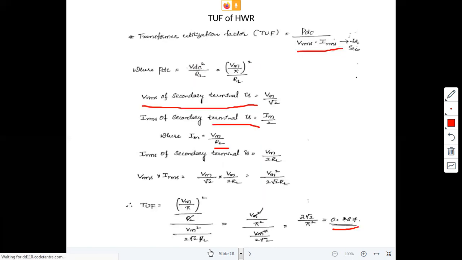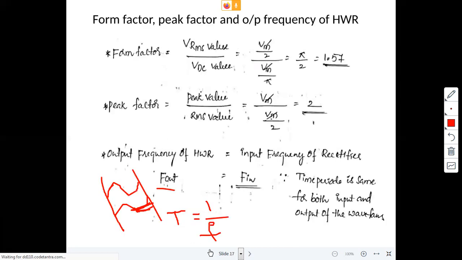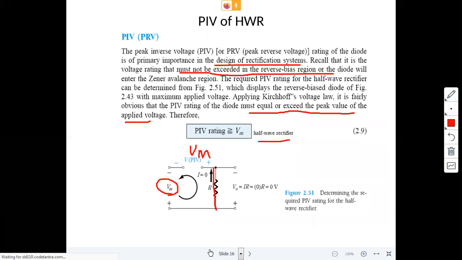Let's briefly recap all these parameters.